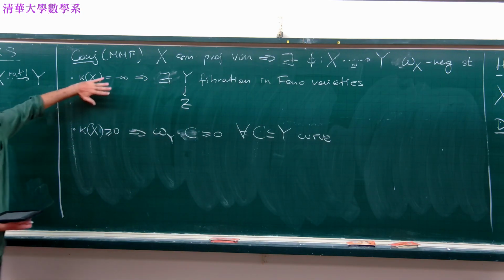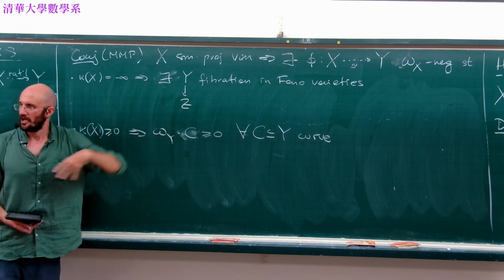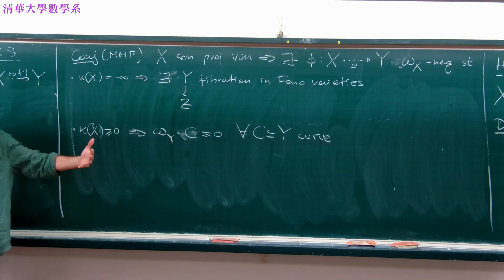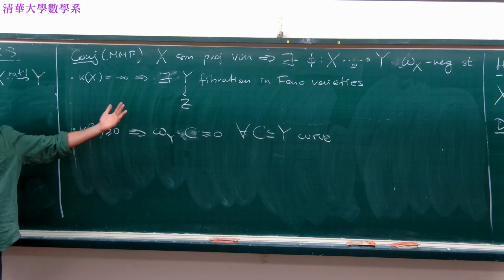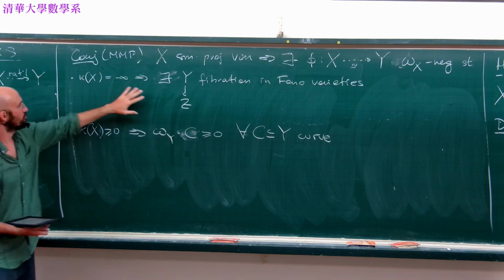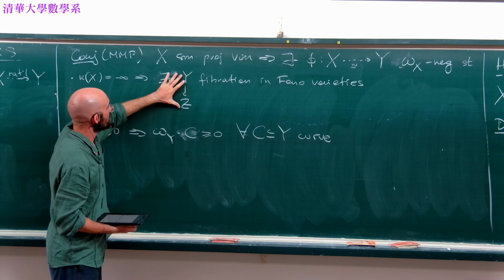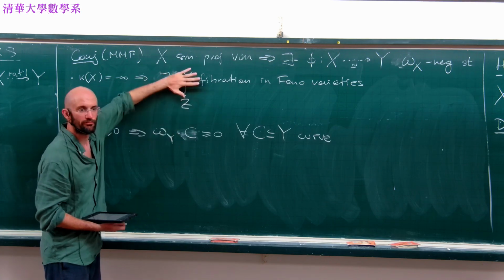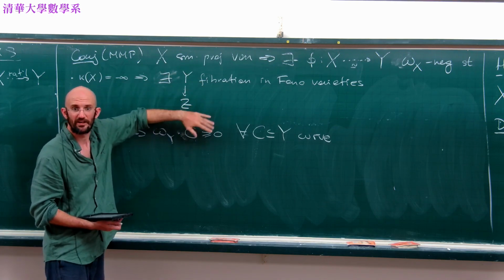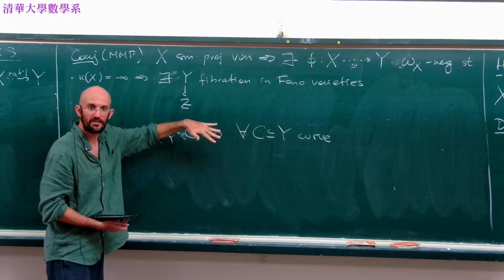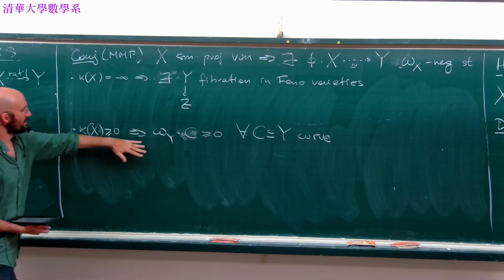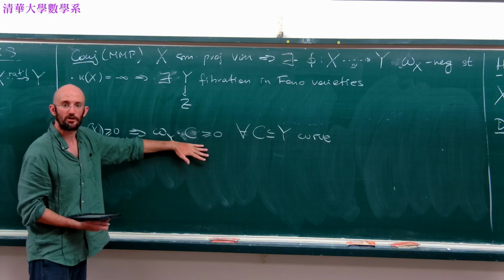What it's telling us is we take any projective variety, and then we run this contraction algorithm, which gets rid of these negative curves for us. And we arrive at a model where either your variety fibers into Fano varieties, so the ones that have negatively curved geometry, or you get to a variety where the intersection with any curve is non-negative.